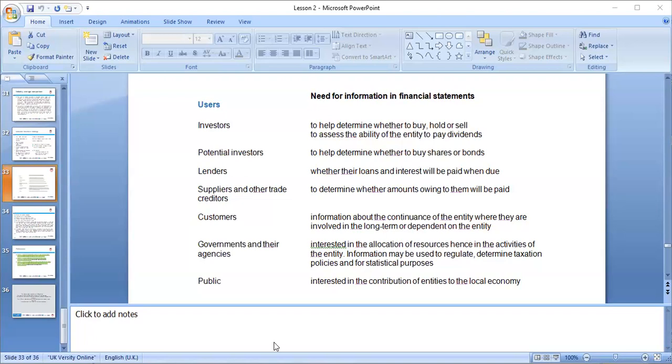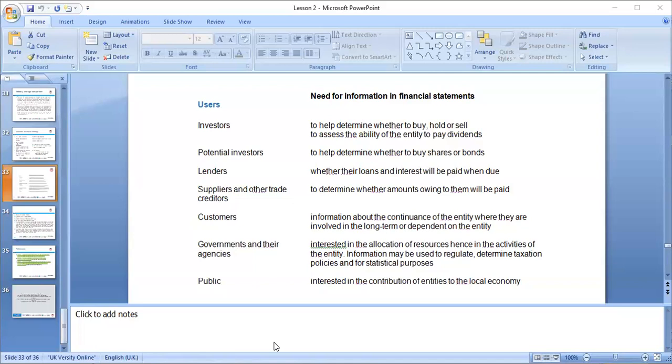Investors help determine whether to invest or hold, and so do potential investors. Lenders look at whether the loan and interest are paid when due. They look at these ratios and can make the decision.